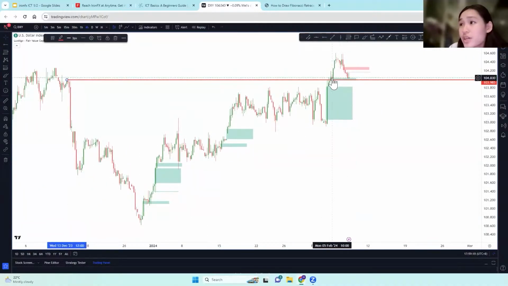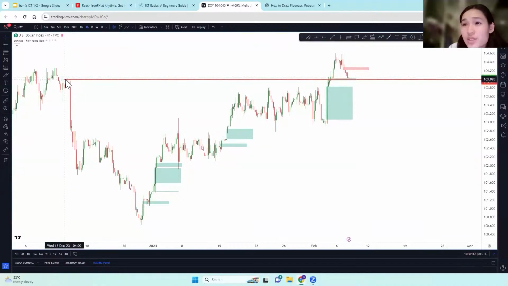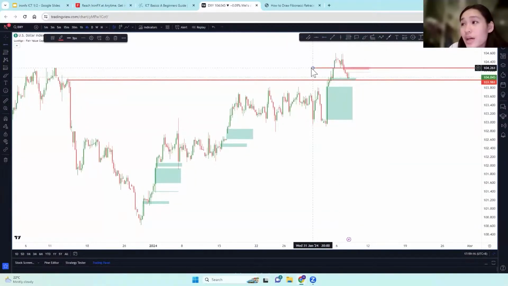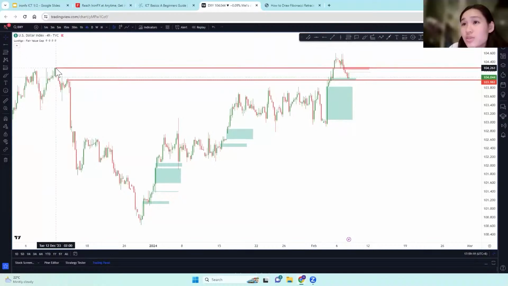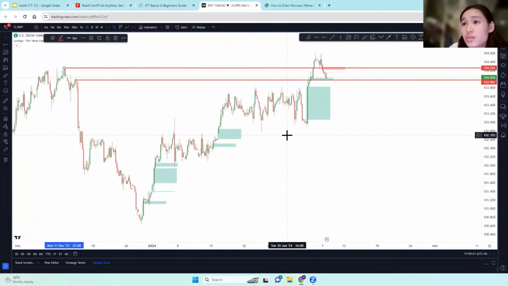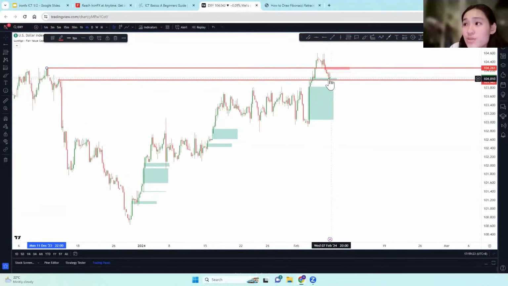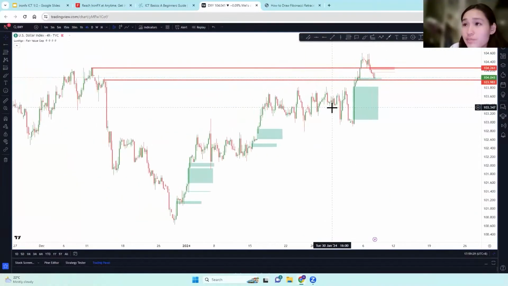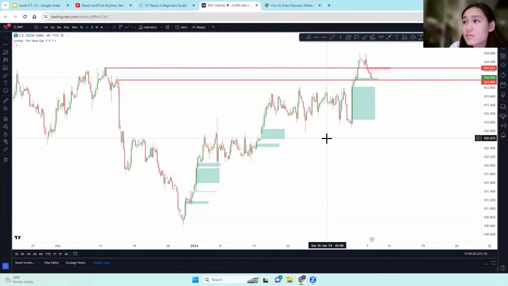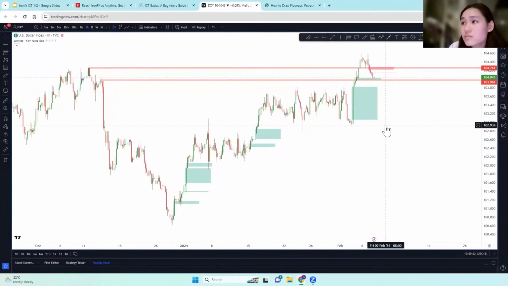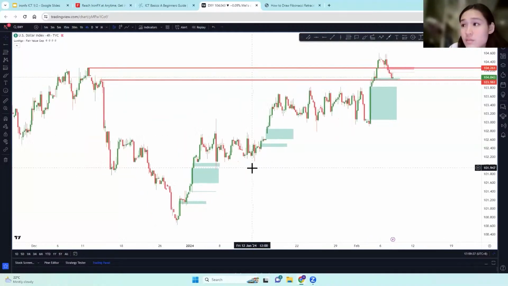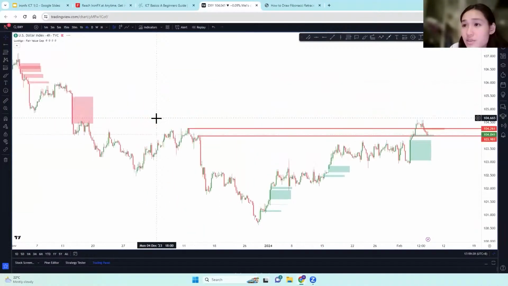Okay, we have this green highlighted area, which is in line with this swing high. If we look at this fair value gap highlighted here, this is in line with this resistance area here as well. So we're expecting price to continue to rebound off of this area and drop below it. So that's for resistance levels.